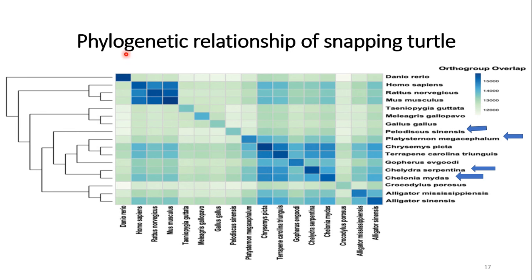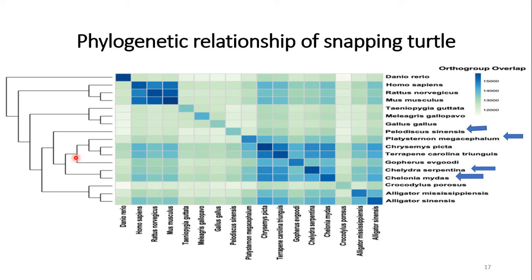So here is the phylogenetic relationship of snapping turtles among the different species. Here is the relationship among the turtles based on the protein coding genes. Here is serpentina, which is most closely related to other species of the sea turtles.